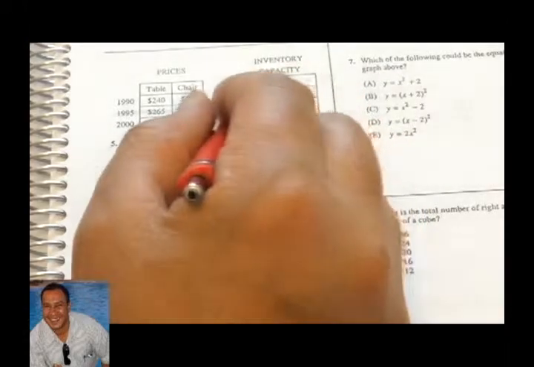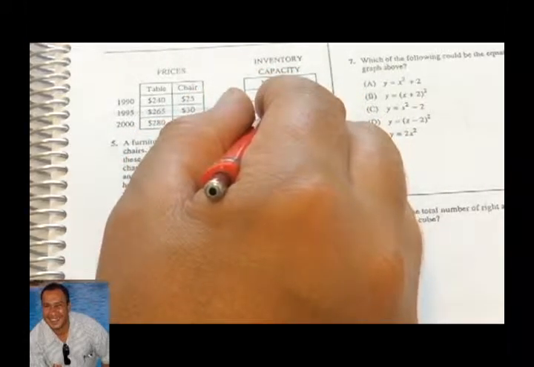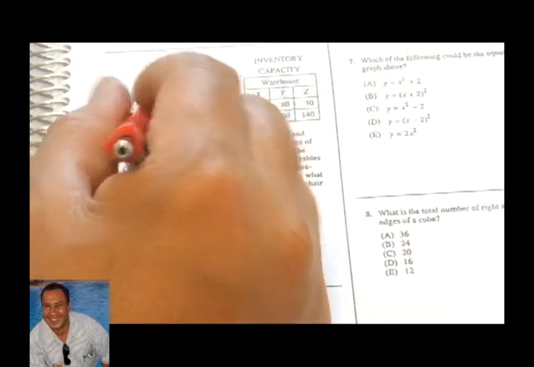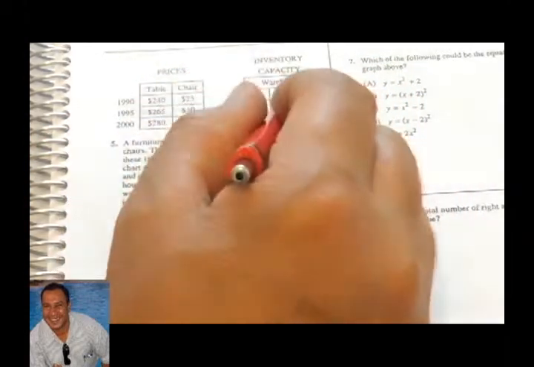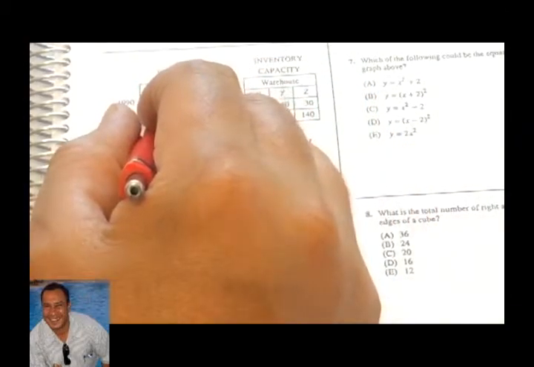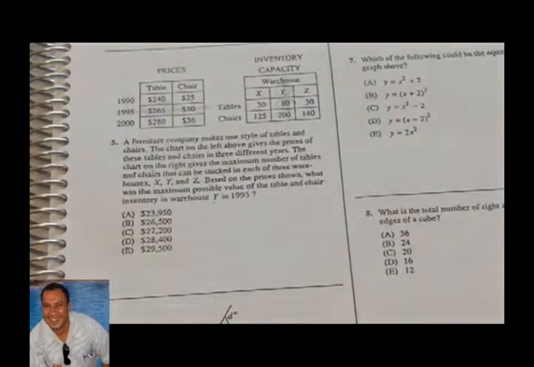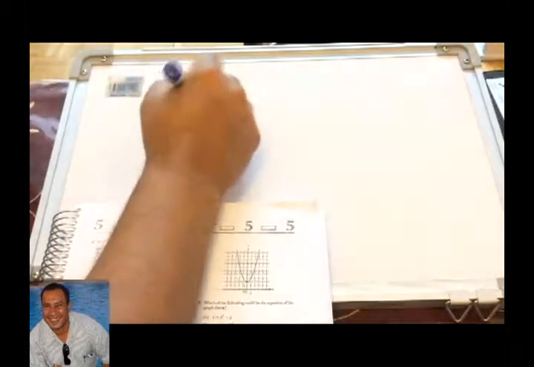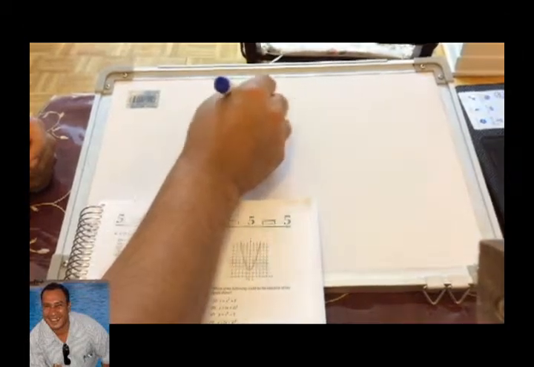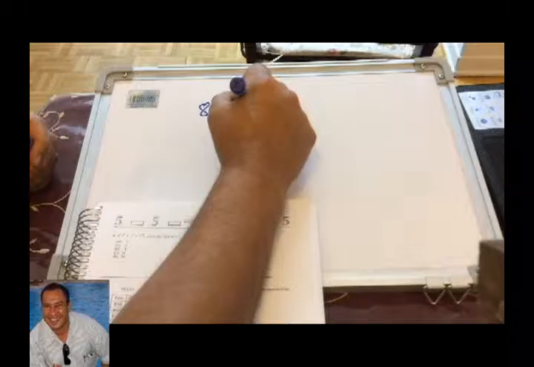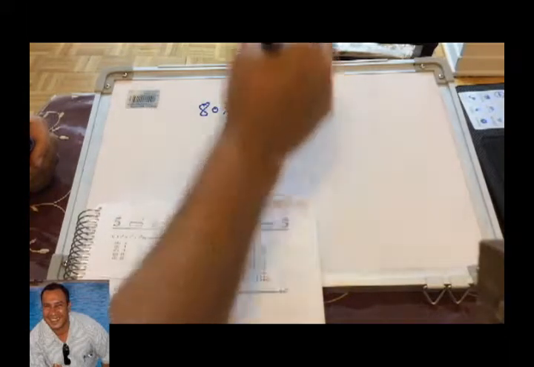In warehouse Y we have 80 tables, and the price of each table is 265. So to find the value of tables, we have to multiply the number by the price of each table. So 80 multiplied by 265.